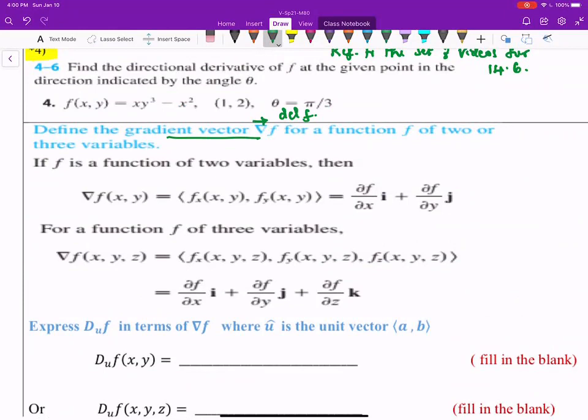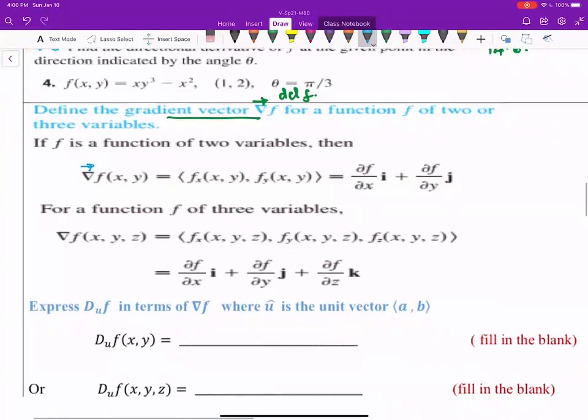If f is a function of 2 variables, then del f of x, y, the vector, so use the vector notation there, del f of x, y is f sub x, the partial derivative of f with respect to x at x, y, comma, the partial derivative of f with respect to y at x, y, which in short can be written as the partial derivative of f with respect to x i plus the partial derivative of f with respect to y j. That is the gradient vector.